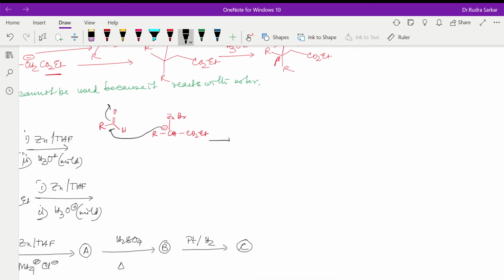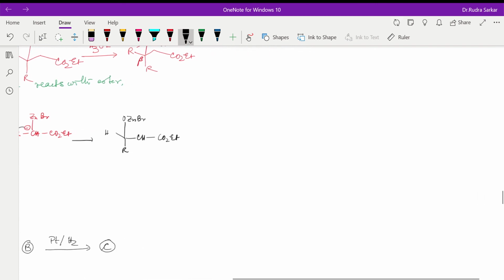Okay, so technically we will have CH, which is joined to a CO2Et. Now this is joined to, suppose, an R, that is your H, and that is your OZnBr.